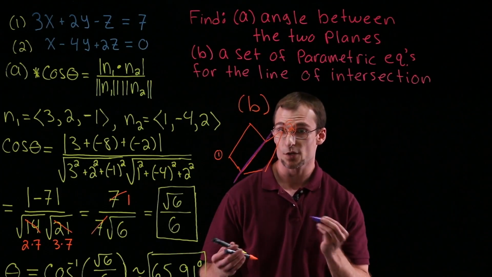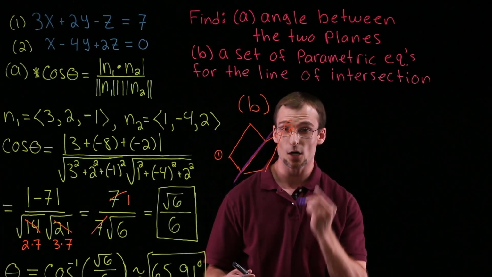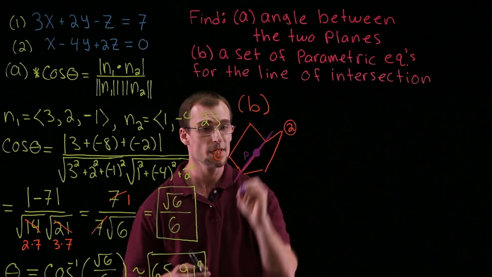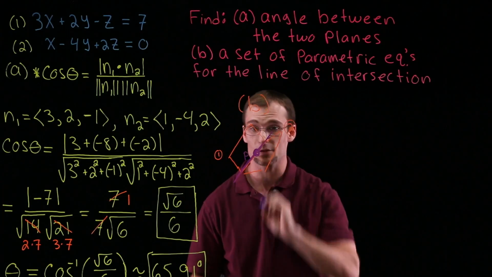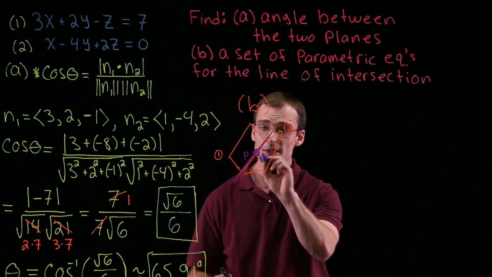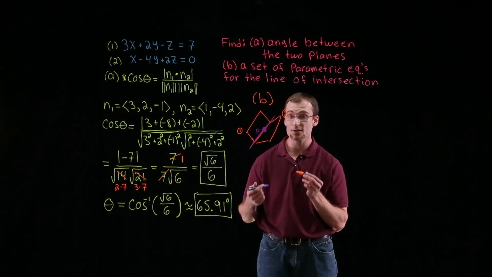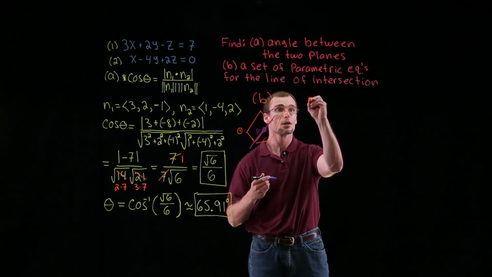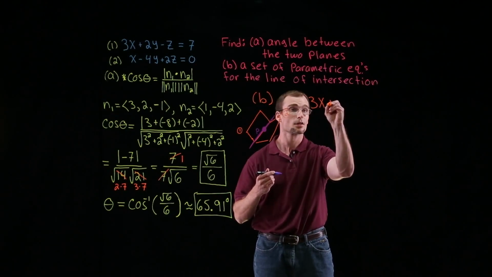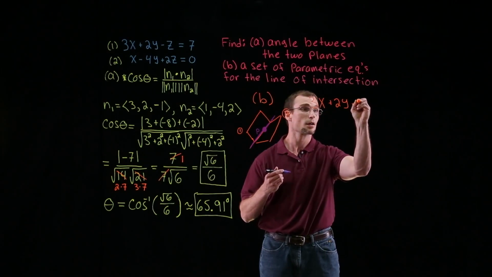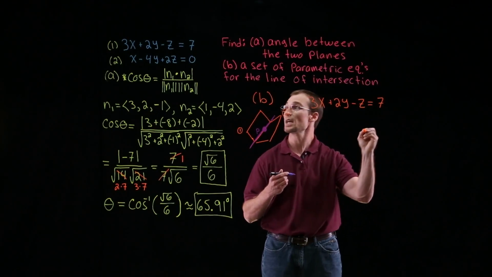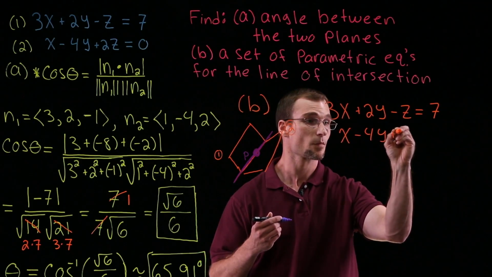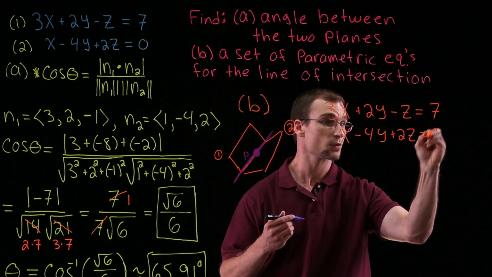To find the set of parametric equations of a line, we need two things. We need a point on the line, say some point P, and then we need a direction vector, or a vector that's parallel to that line, which we'll get to in a moment. So first let's find a point on the line. We can do that by simultaneously solving the linear equations of our two planes: 3x plus 2y minus z equals 7, and x minus 4y plus 2z equals 0.